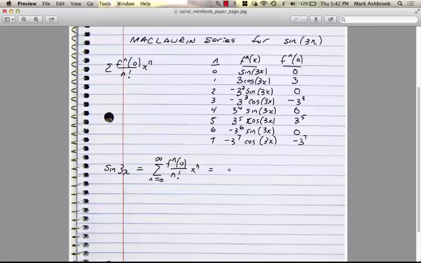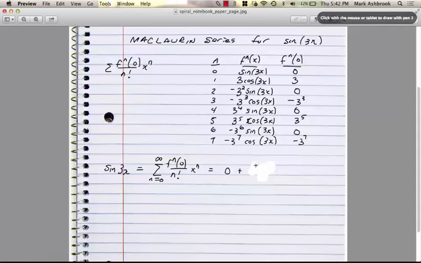We get 0 when n equals 0 plus 3. Let's do it this way. 3x to the n over n factorial. No, I'll take it back. Sorry.